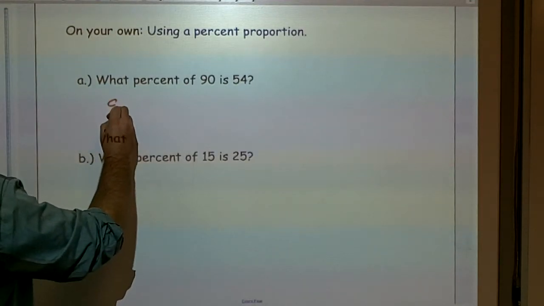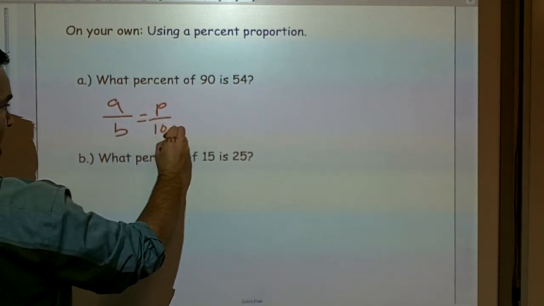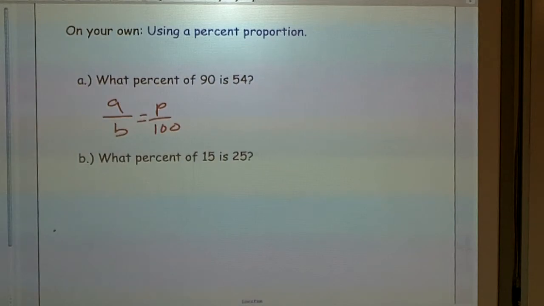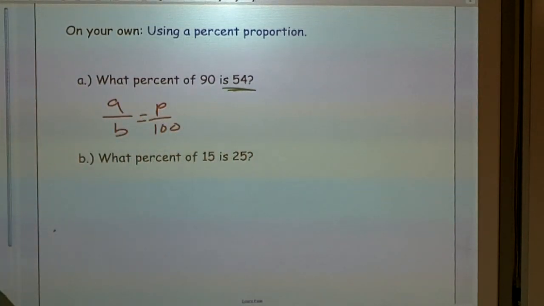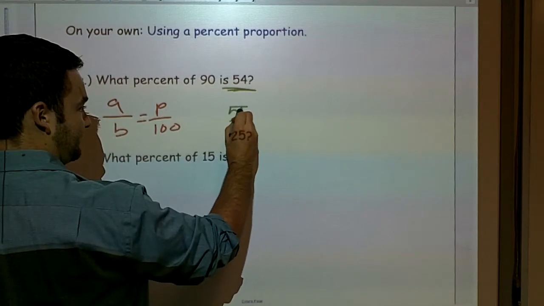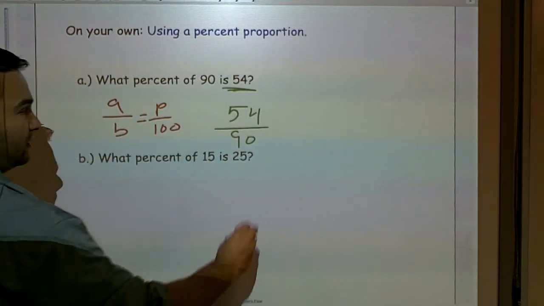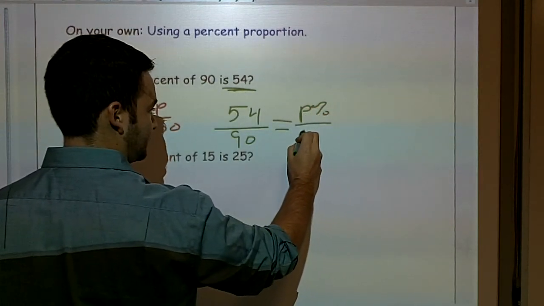Okay, so again, we write our proportion, A over B is equal to P over 100. We identify which is our part and which is our whole. What percent of 90 is 54, so 54 is going to be our part in this case. Our part-whole relationship: we write 54 over 90, part over our whole, is equal to P percent over 100.